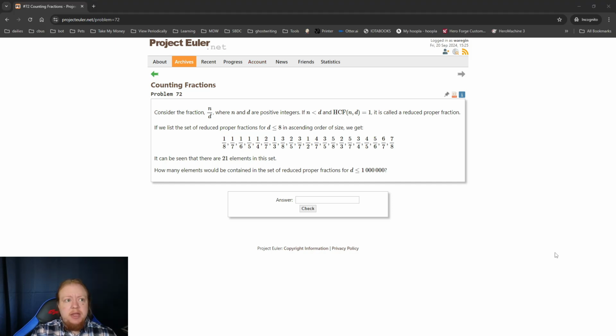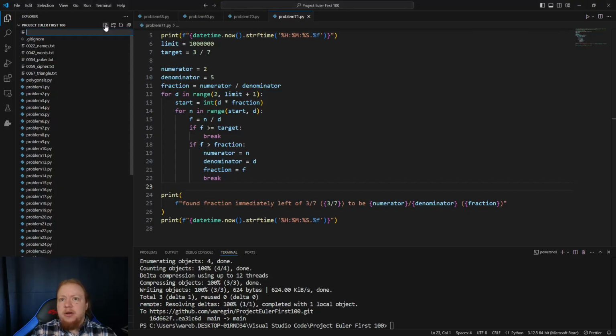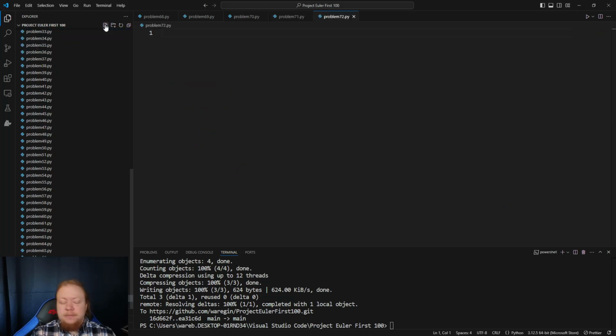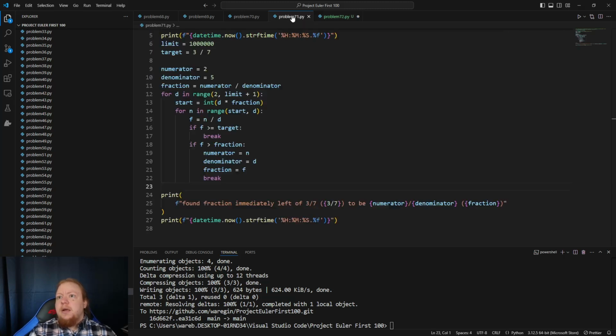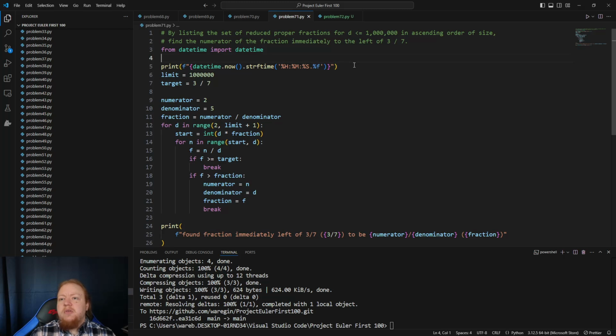So let's go ahead and open up our code here. Once again, we'll just grab our datetime, and in this case, we want our limit as well.